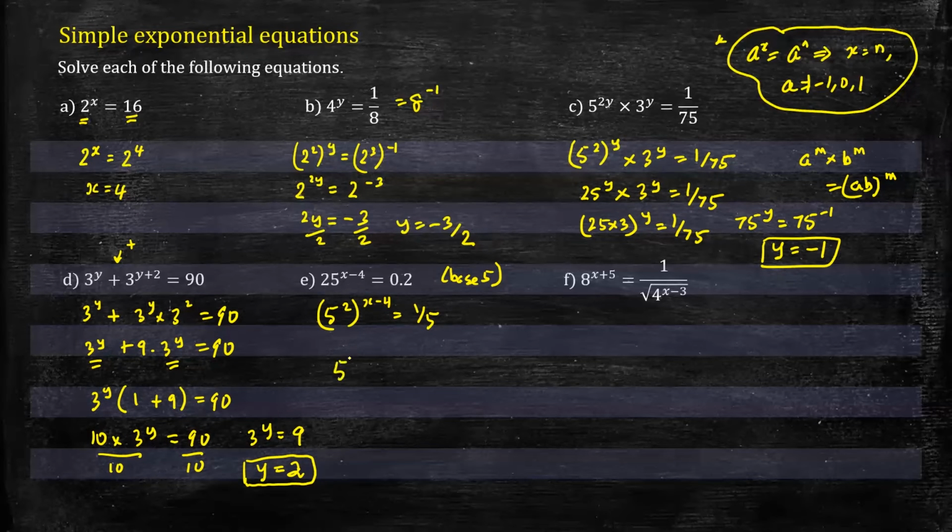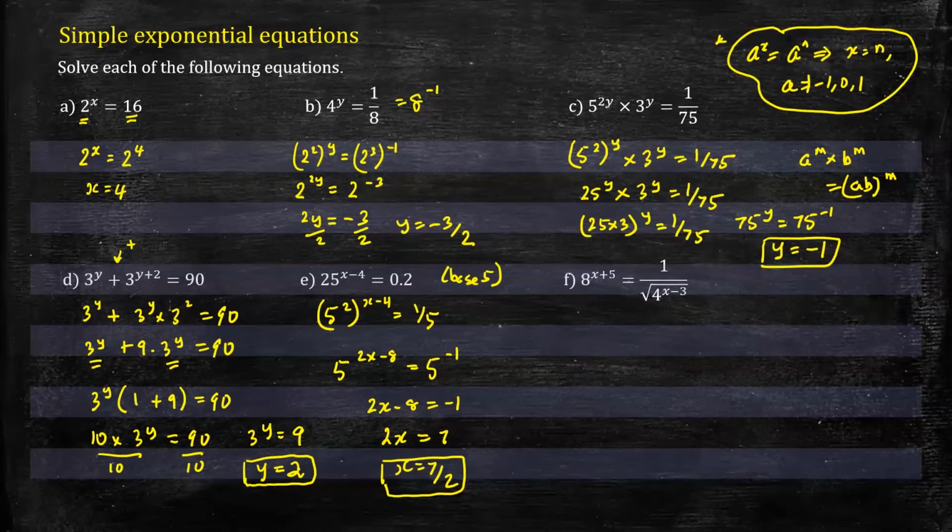So we'll have 5 to the power 2x minus 8 equals 5 to the power negative 1. So now we have base 5. So therefore, these powers must be equal. So 2x minus 8 equals negative 1. So 2x equals 8 minus 1, which is 7. x will be 7 on 2. And that's your answer there.